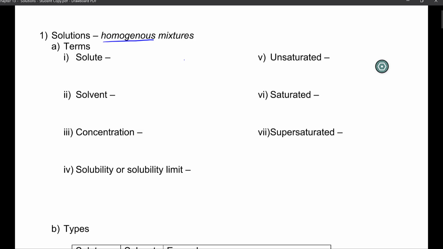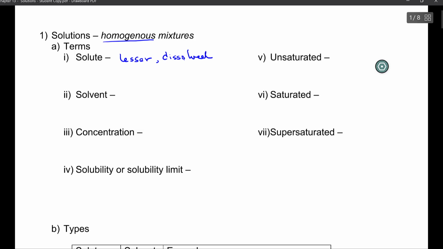Okay. And then along with solutions, you have to learn some terms. So we talk about the solute. Solute is the thing being dissolved. It's usually the lesser quantity material, and it is the thing being dissolved.